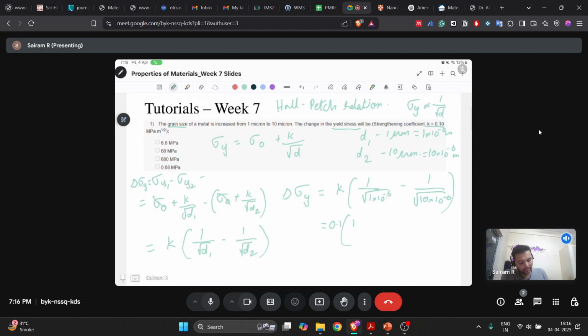Root of 1 into 10 power minus 6 becomes 10 power 3, so 1 minus 1 by root 10. 1 by root 10 is 0.316, into 10 cube. So it is 0.1 into 0.684, into 10 cube.